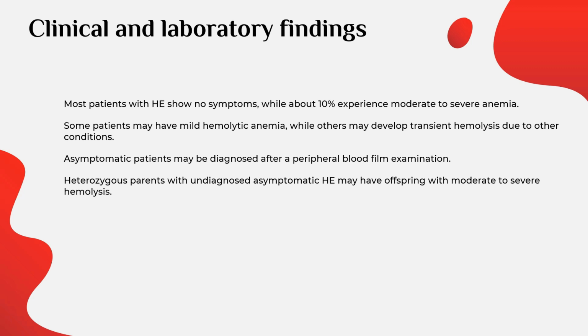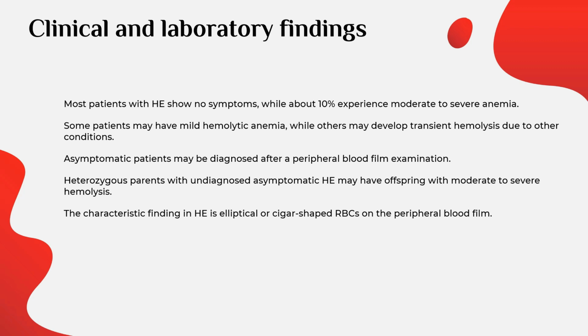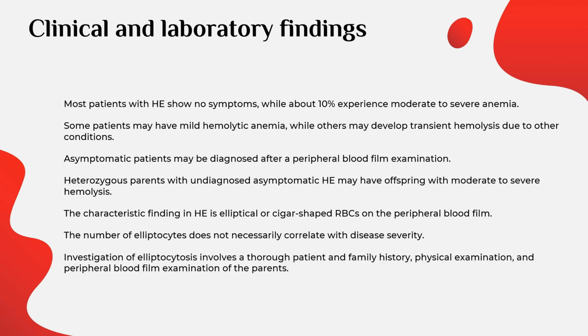Heterozygous parents with undiagnosed asymptomatic hereditary elliptocytosis may have offspring with moderate to severe hemolysis. The characteristic finding in hereditary elliptocytosis is elliptical or cigar-shaped RBCs on the peripheral blood film. The number of elliptocytes does not necessarily correlate with disease severity.